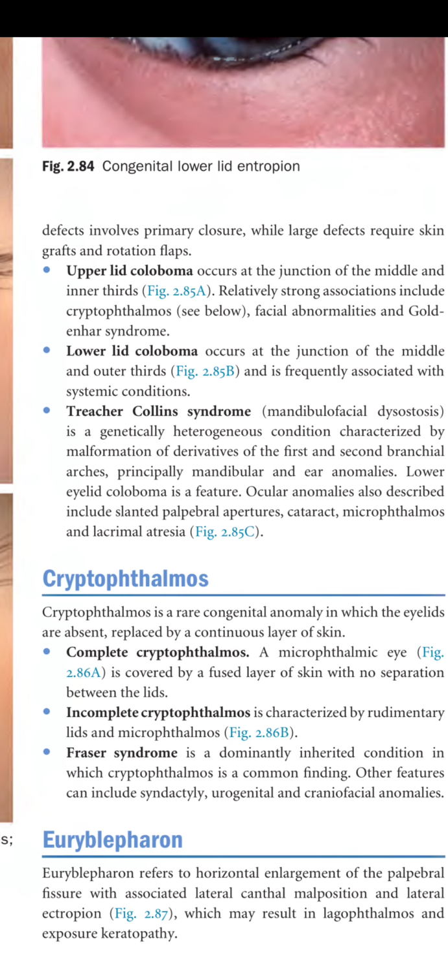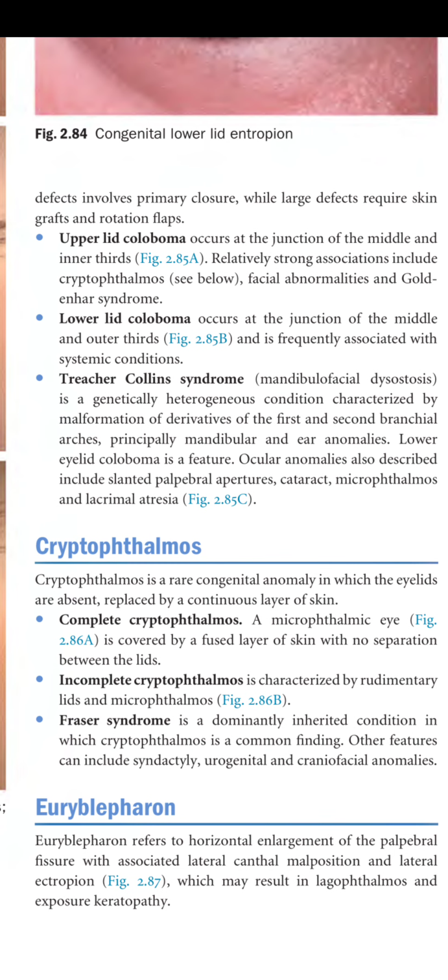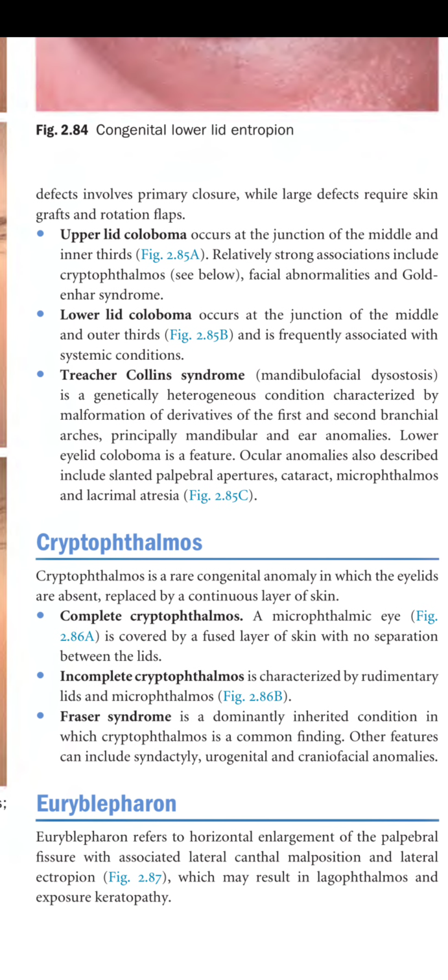In complete cryptophthalmos, the microphthalmic eye is covered by a fused layer of skin with no separation between the lids. Incomplete cryptophthalmos is characterized by rudimentary lids and microphthalmos. So the incomplete type may have some rudimentary lids. Fraser syndrome is a recessively inherited condition in which cryptophthalmos is a common finding.